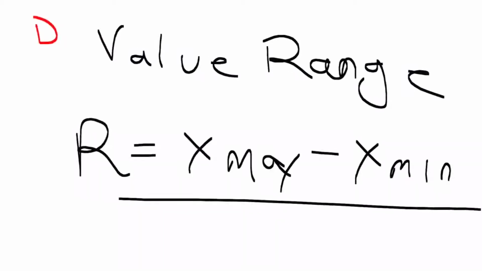So this is the way the value range is calculated in the R chart. I have already explained how the value range is calculated in the X chart; now this is the formula for the R chart.